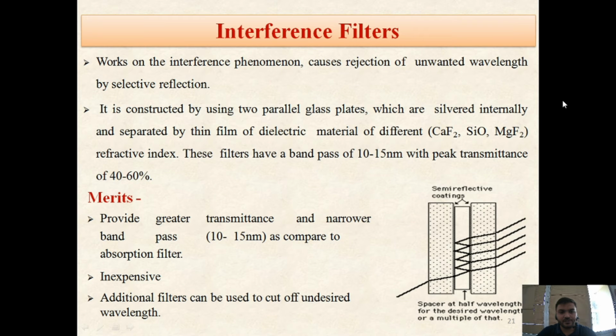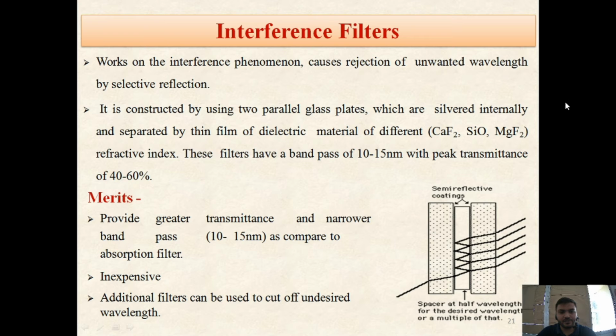Interference filters. They work on the interference phenomenon, which causes rejection of unwanted wavelengths by selective reflection. It is constructed using two parallel glass plates, which are silvered internally and separated by a thin film of dielectric material of different refractive index, that is CaF2, SiO, MgF2.